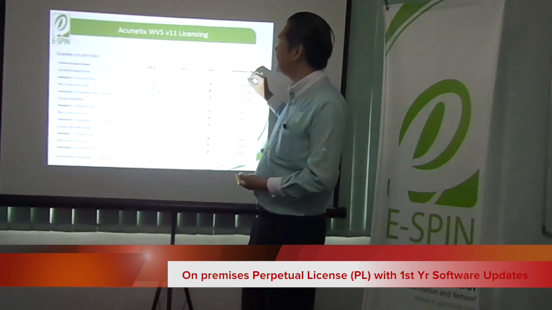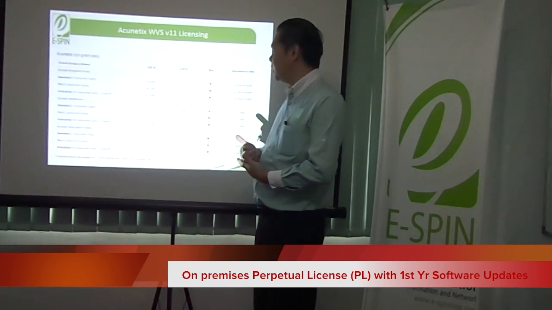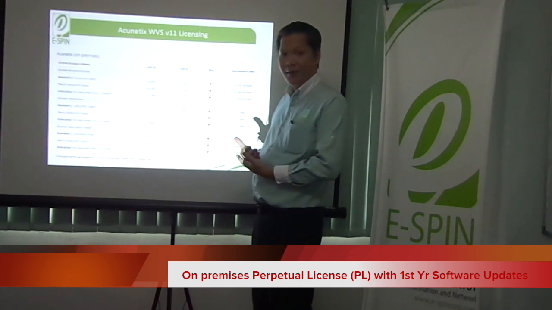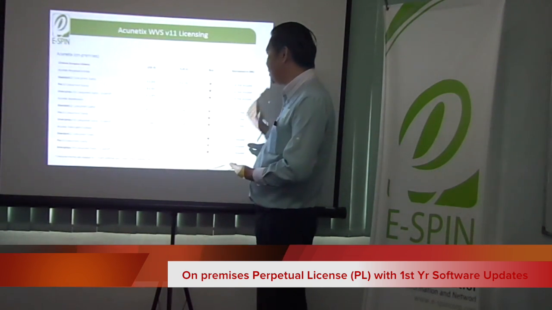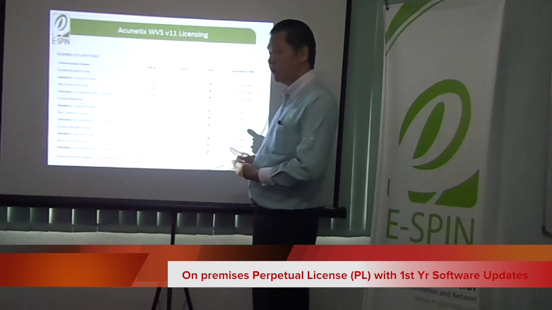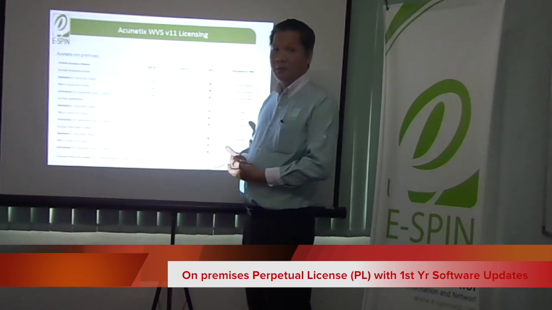Remember, since version 10 onward, the first year software update subscription is already included, or you can call it bundled in. So only from the second year onward do you need to consider the renewal, just paying for the software update and upgrade subscription entitlement.